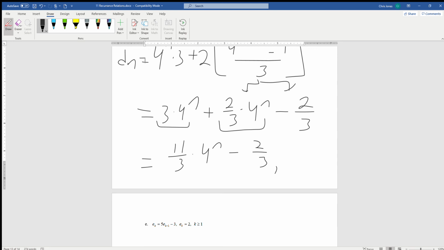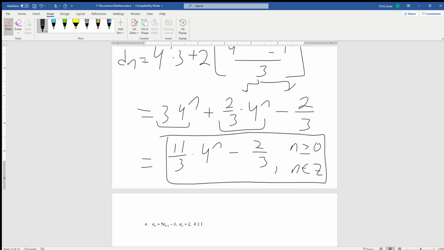So the starting value is when n is greater than or equal to 0. And we've checked that because 4 to the 0 is 1, and 11/3 minus 2/3 is going to give us 9/3, which is 3. And that was our initial value. And n is an element of the integers.